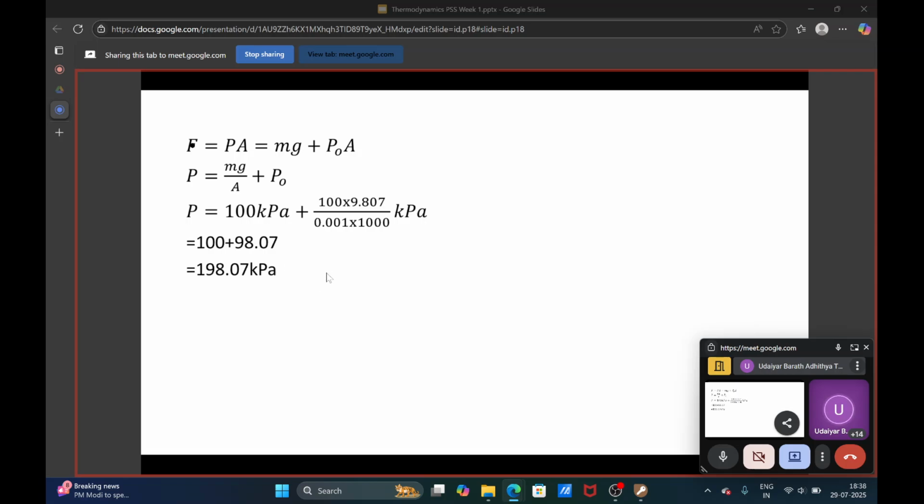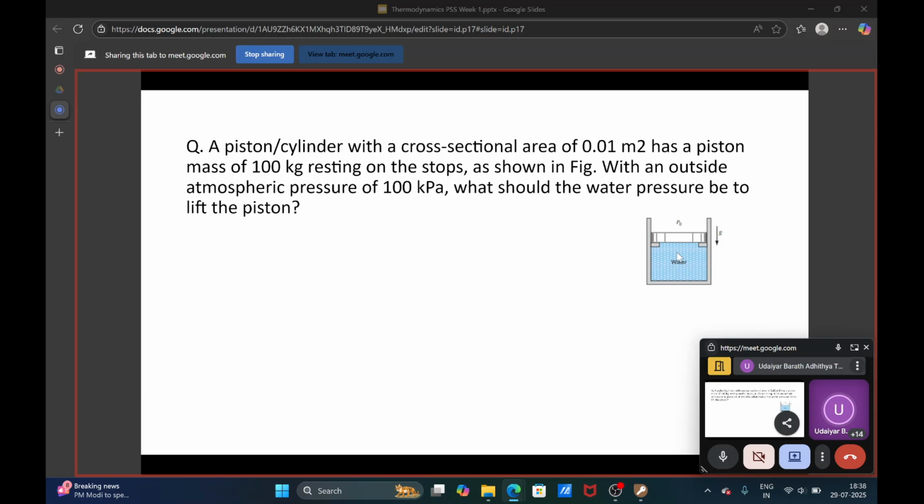And what do you think will happen if you change water to air? Do you think the pressure required to lift this piston will be any different?